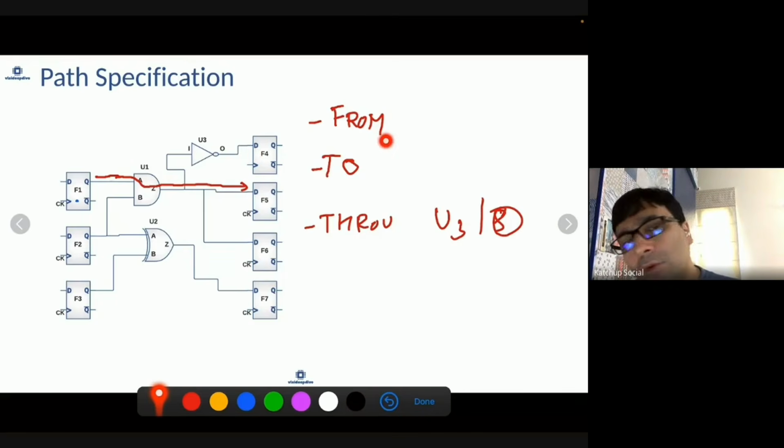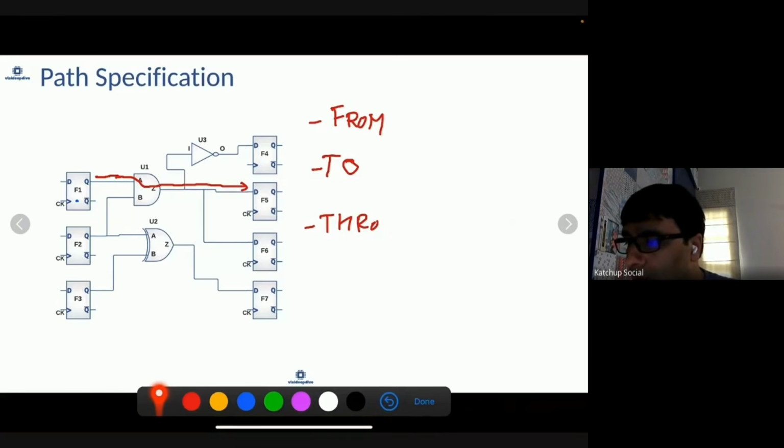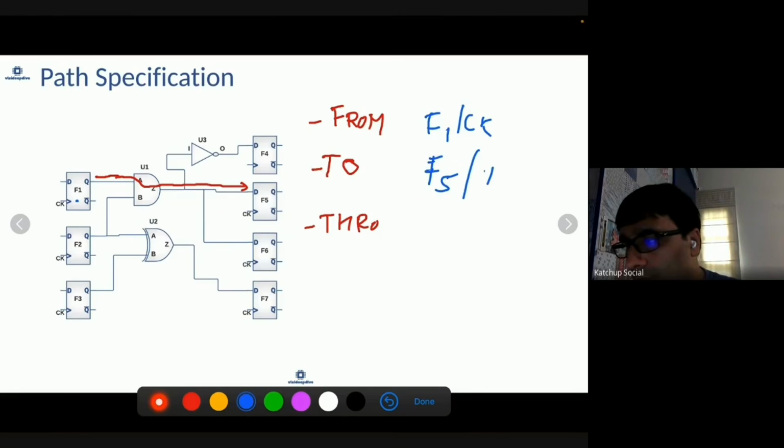From and to options can only be used once, but the through option can be used more than once to guide the path accurately. Like in this case, the path drawn in red, to guide the STA tool more accurately, you will use from F1CK, to F5D, hyphen through U1A, and one more through U1Z.